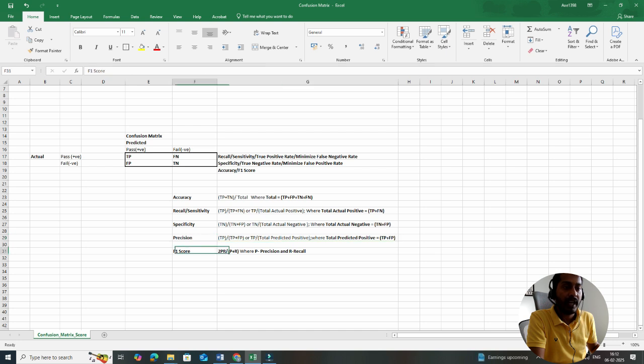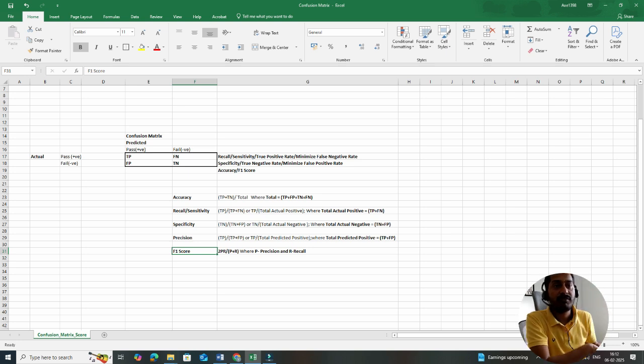And then the F1 score. Earlier, only these metrics were used. Later on the F1 score was introduced, because it gives a balanced view.